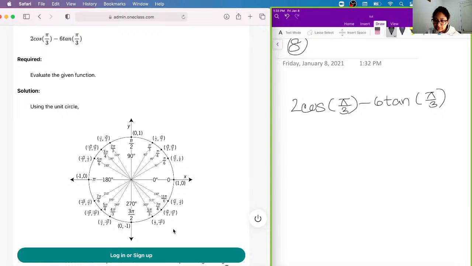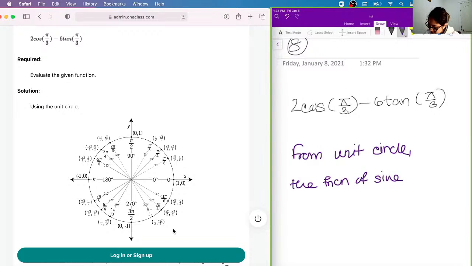the sine function takes the value of y. So we can say from the unit circle that the sine function is your y value, and the cosine function takes your x value, or the x coordinate of the point on the unit circle.